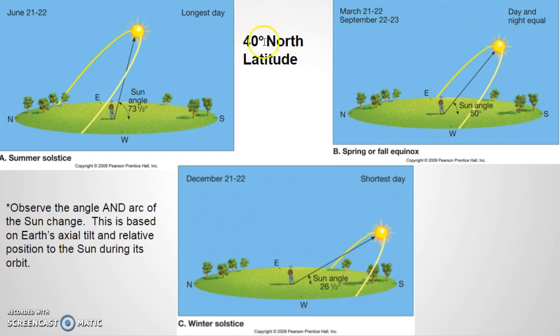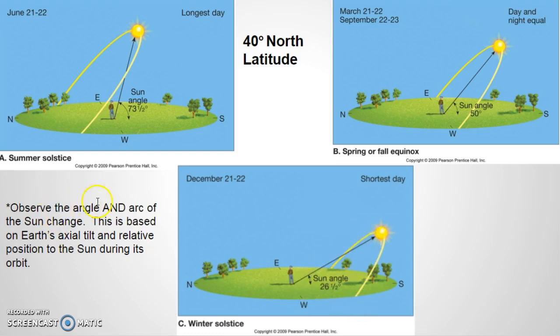So here's a scenario we can consider. At 40 degrees north latitude, that's close to us in the Chicagoland area, where obviously we'd be 42 degrees north. Let's call it close enough. I want you to observe the perceived arcs from June 21st, the summer solstice, our longest day, to an equinox, where the angle is a little bit lower, and lastly to our winter solstice on December 21st, where it's going to be the lowest angle of the year.